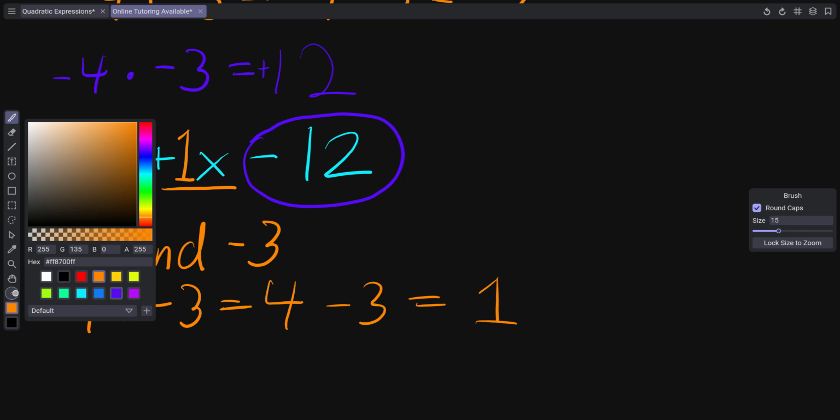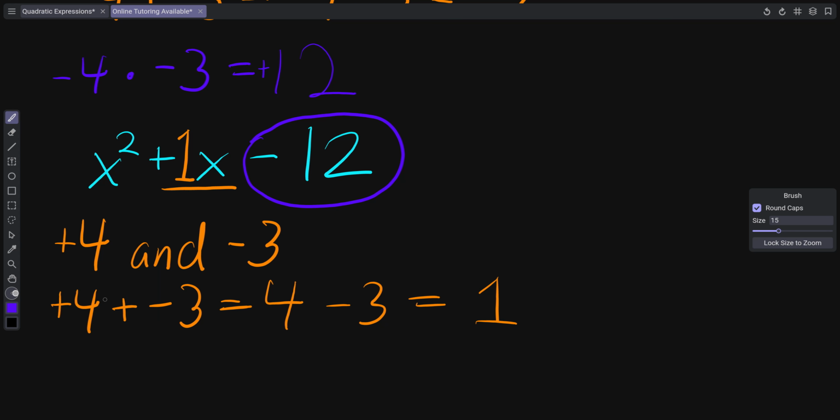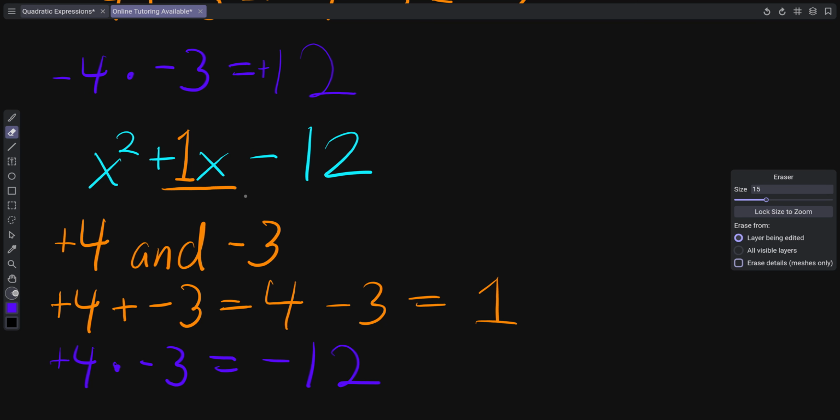And then if we multiply these two numbers, if we take positive 4 and multiply it by negative 3, this gives us negative 12, because a positive multiplied by a negative creates a negative number. So positive 4 and negative 3 are the numbers that we're looking for to factor this quadratic expression.